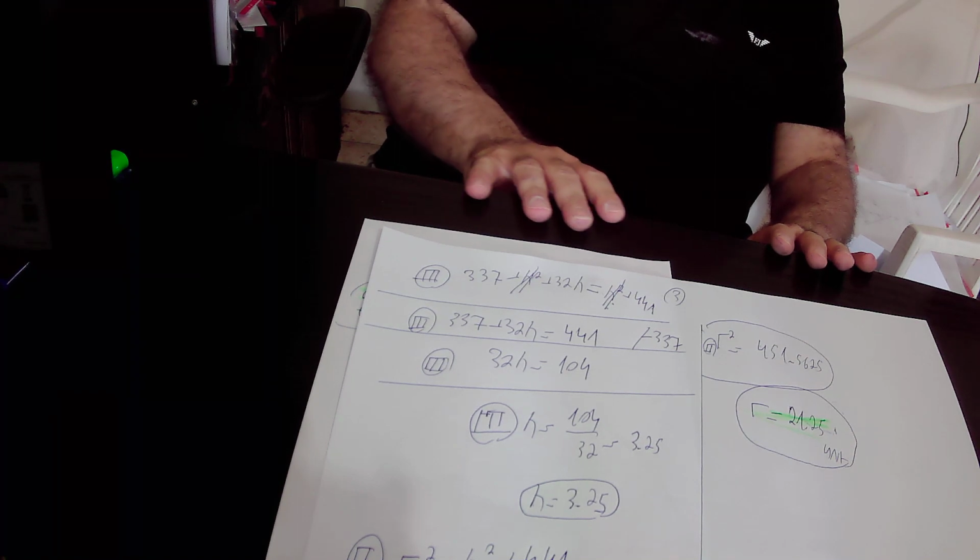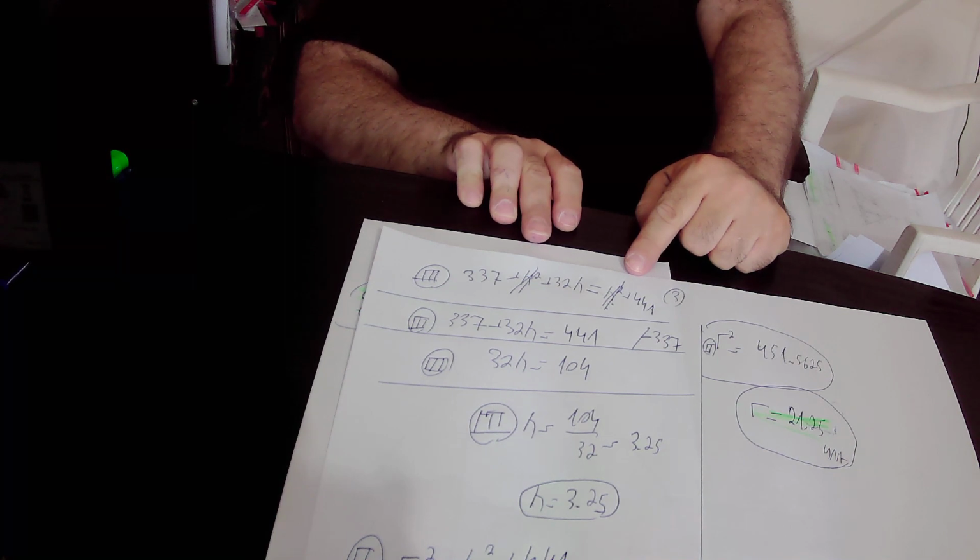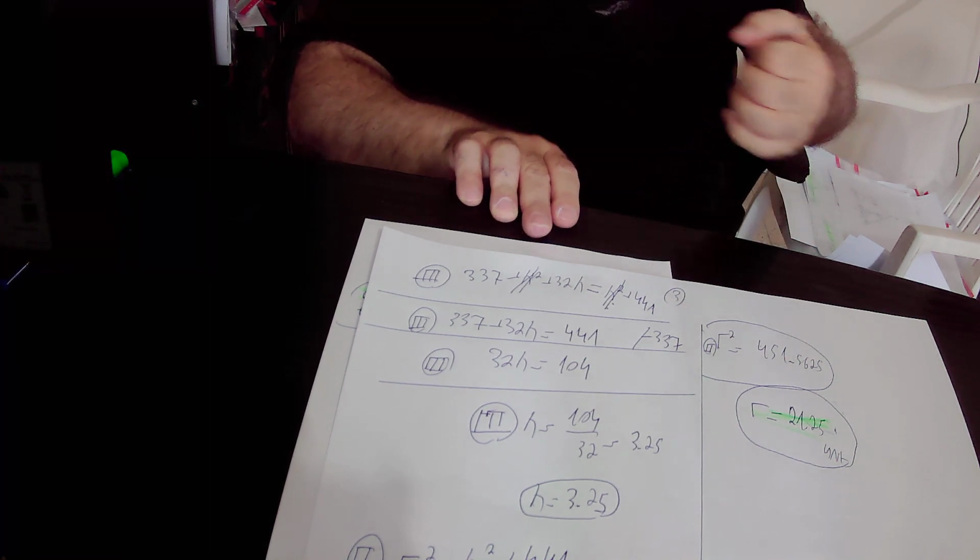Here we have H square on both sides of the equation, so H square will get cancelled, and we're left only with, according to equation number 3, 337 plus 32h equals 441.